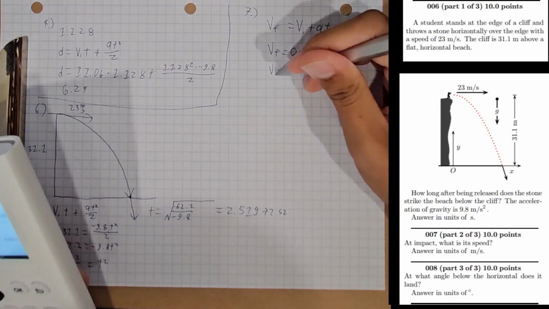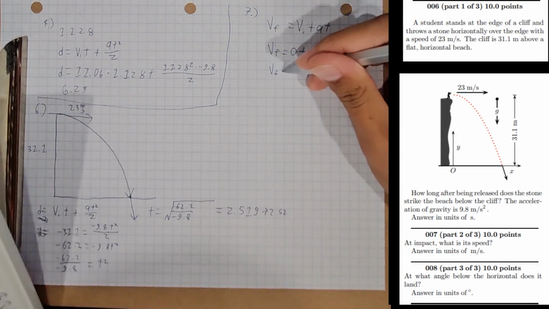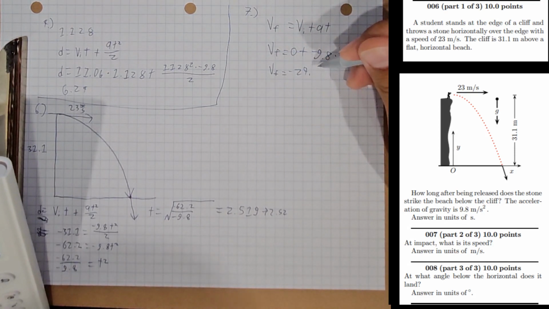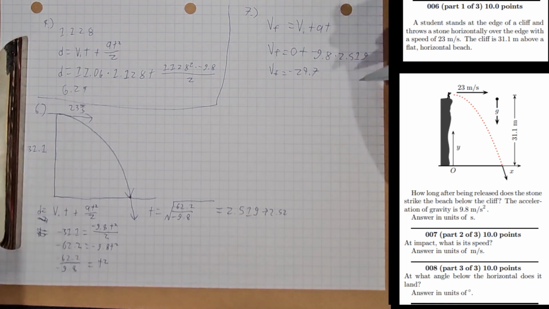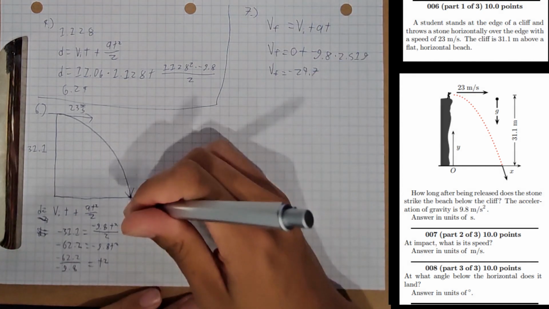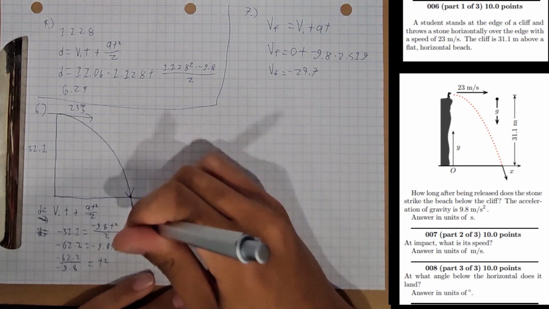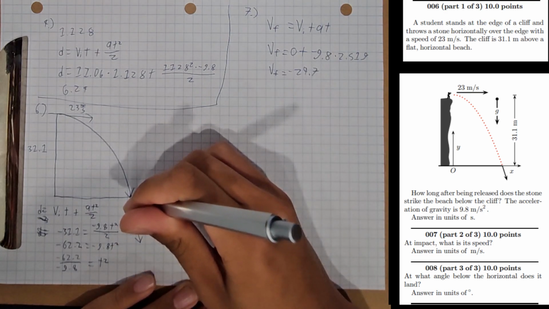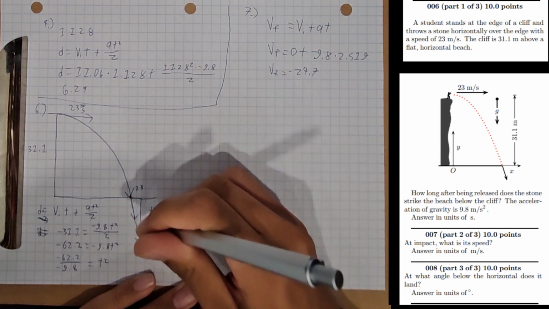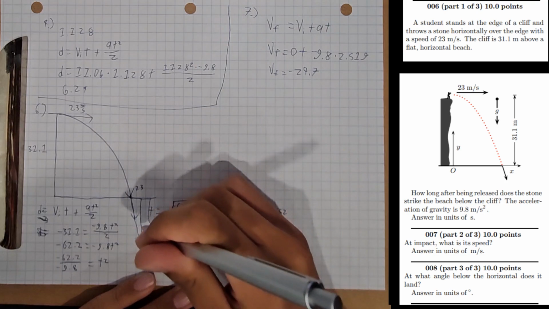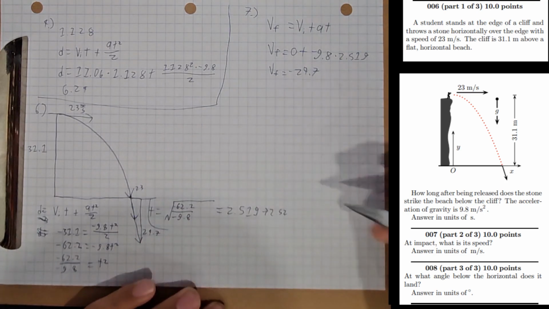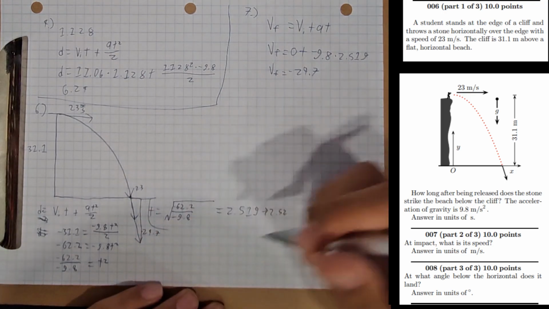So the final velocity in the y direction is going to be negative 24.7 rounded. So now that we know both, to extend this a bit longer, just to visualize it better, this is still 23 meters per second, and then over here, this is the 24.7 that we just calculated, this y component, negative.